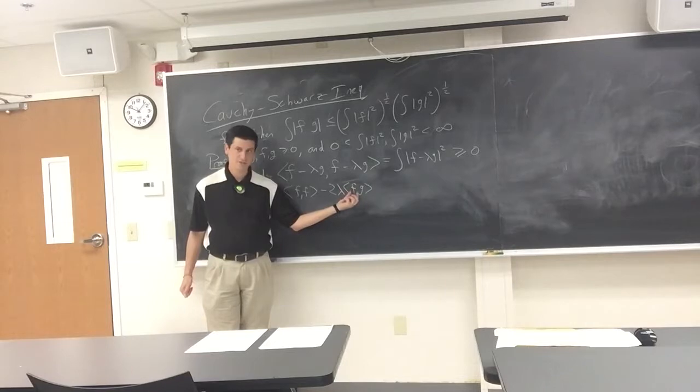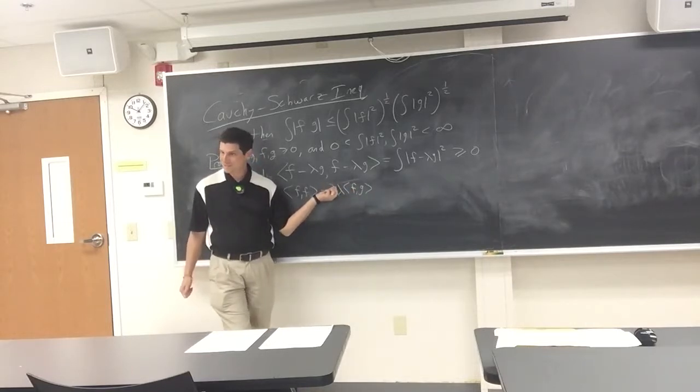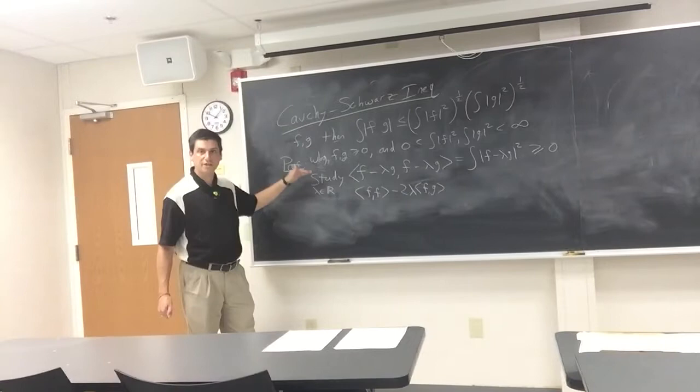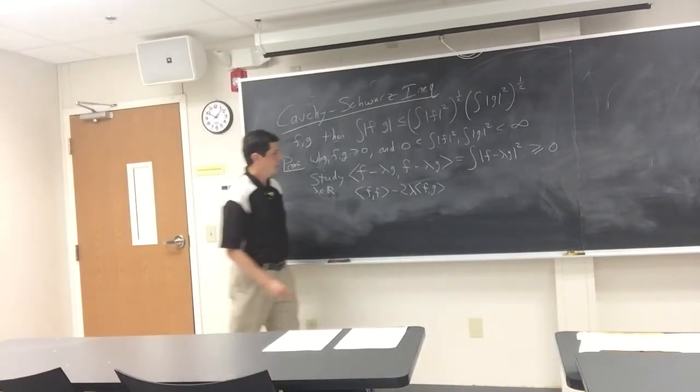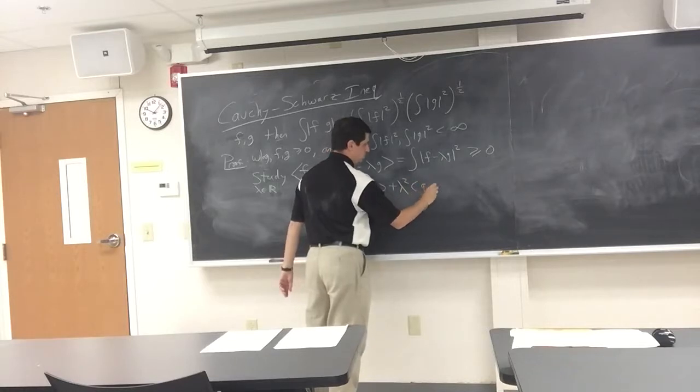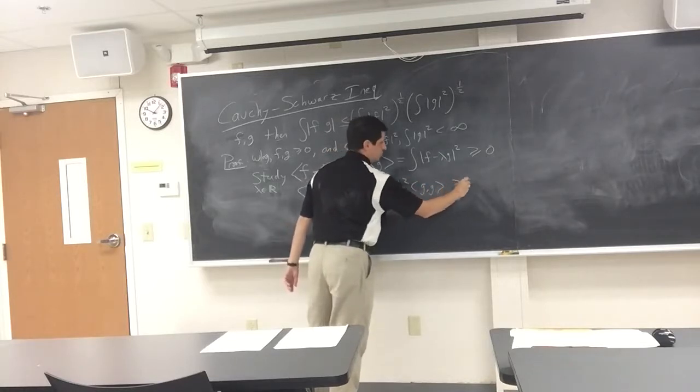Since they're real valued, this is the same. I don't have to worry about taking the complex conjugate of lambda because lambda is real. So I'm crucially using realness here. This is why we made these simplifying assumptions in the beginning. And then we have plus lambda squared gg, which is greater than or equal to 0.